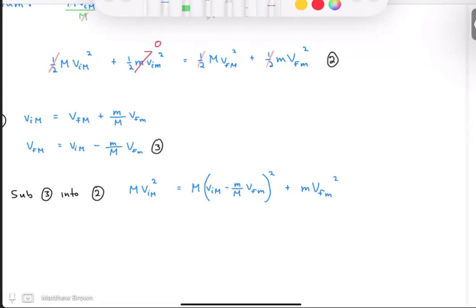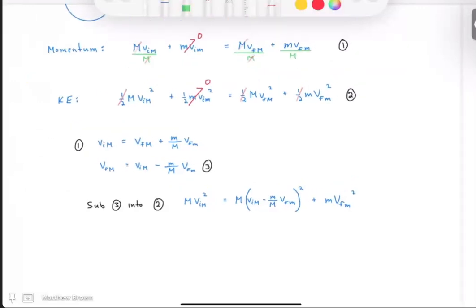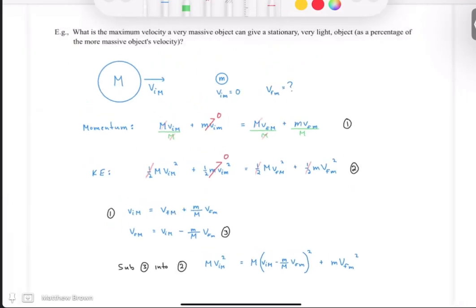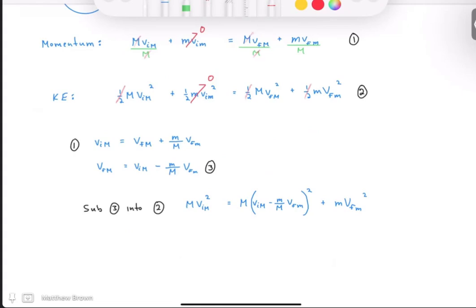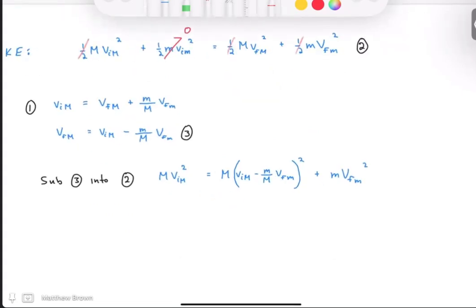Now note too, ultimately what I'm trying to do here is get equations that will give me V final of little m. That's ultimately what I'm trying to figure out here. I've got this little mass here, so I want an equation that has V final of little m in terms of the two masses and the initial velocity of big M, the only one that's moving.